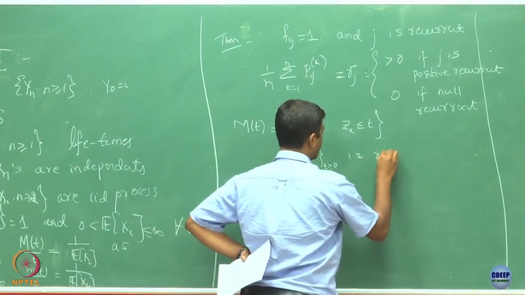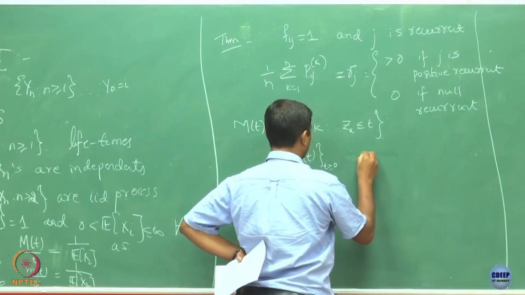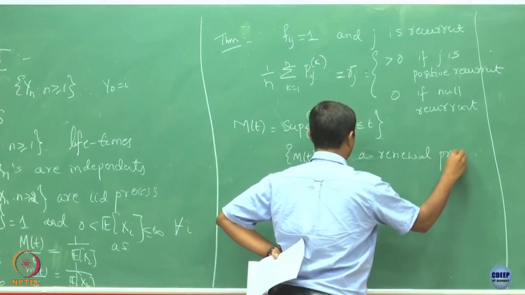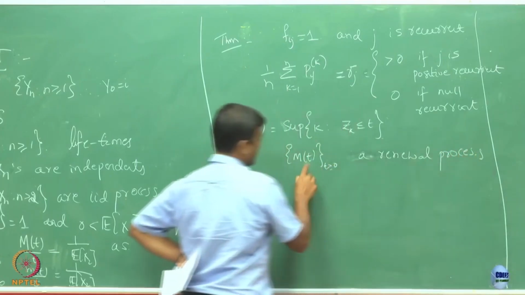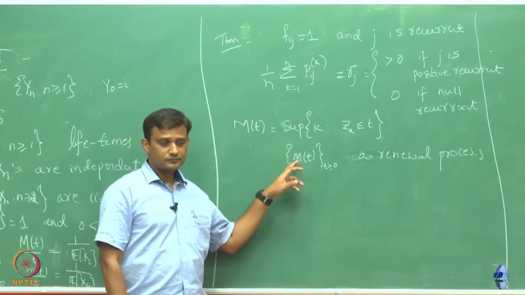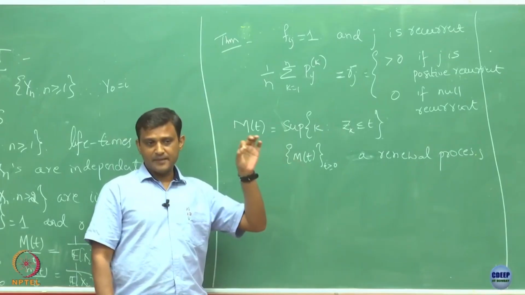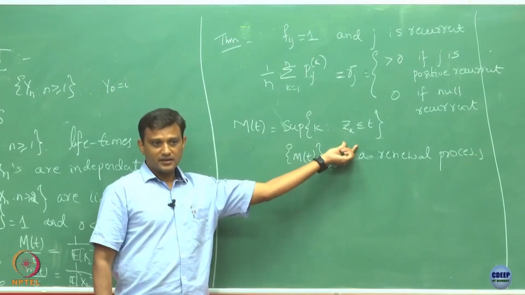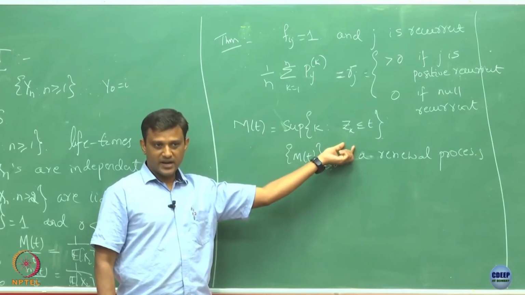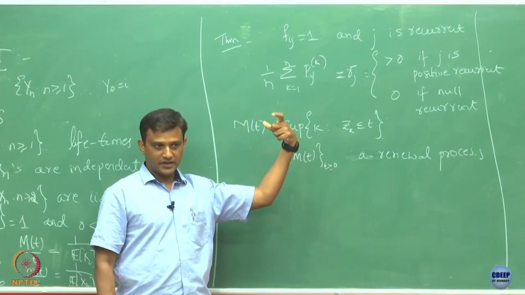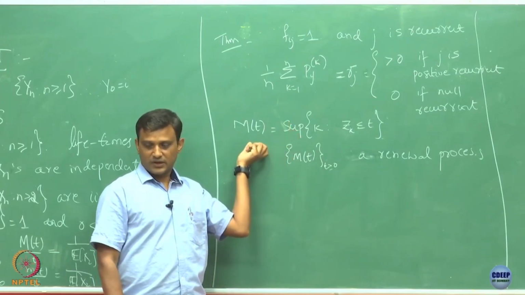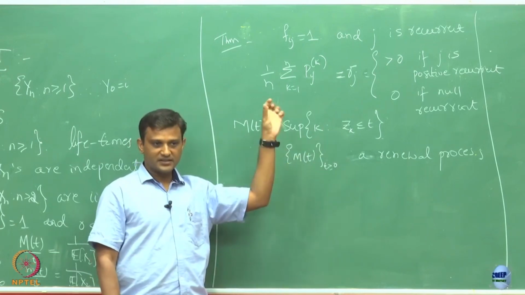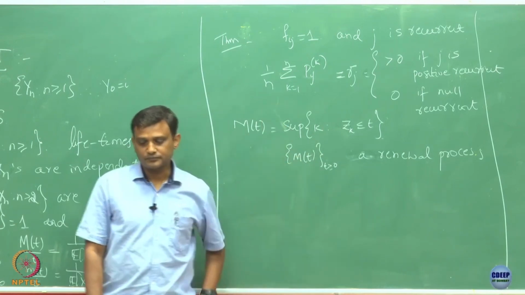You give me an arbitrary time t, and I am going to tell you how many renewals have happened in the interval 0 to t. So what is m of t telling? Basically, m of t is telling how many renewals have happened in the interval 0 to t.